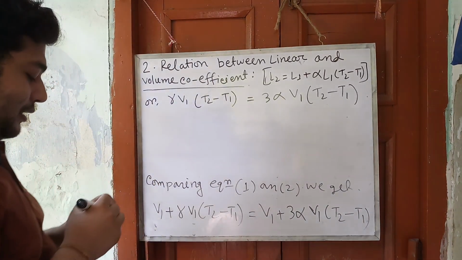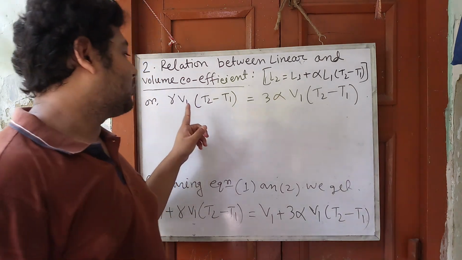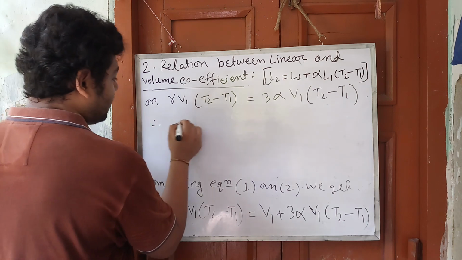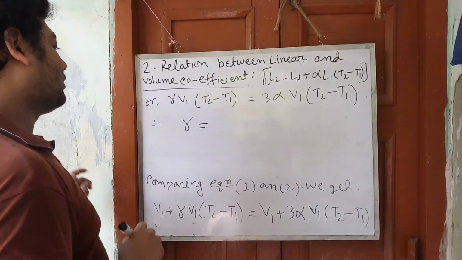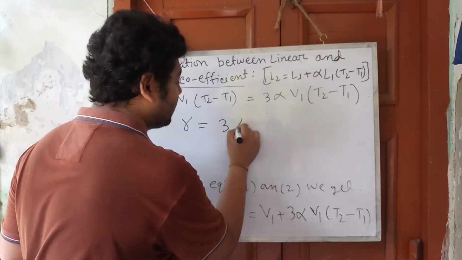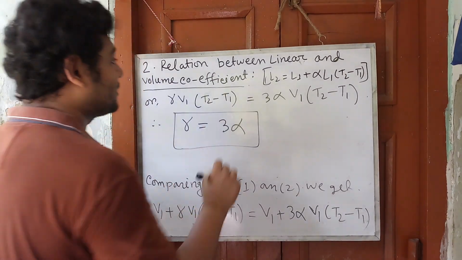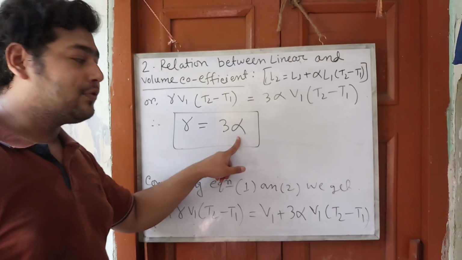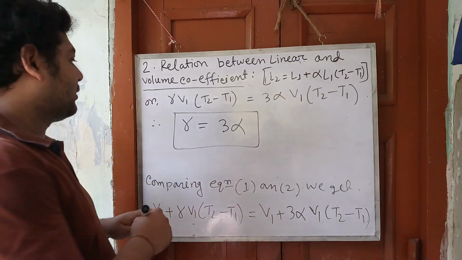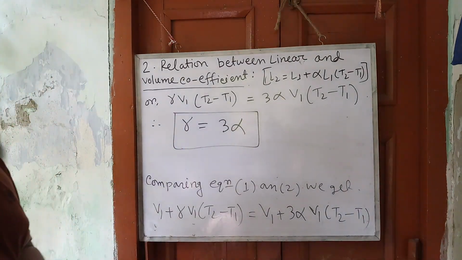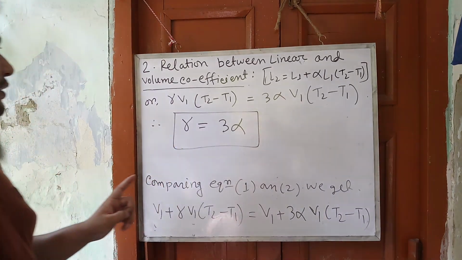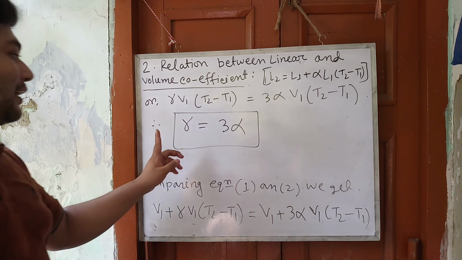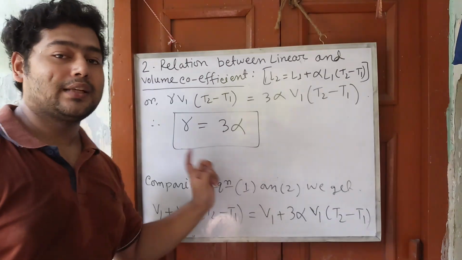So dividing this equation by V1 into (T2 minus T1), we get our final relation: gamma equal to thrice alpha. So this is the relation between linear coefficient and volume coefficient: gamma equal to thrice alpha.